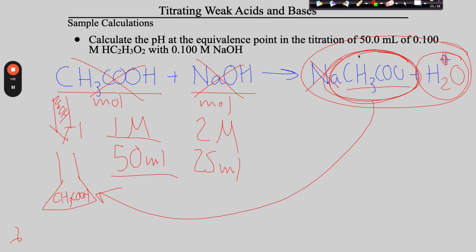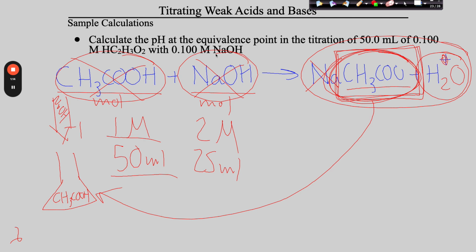So, guys, you ready? This is the reasoning. Speaking in moles, how much of this do we have? Not a number, a concept. As much as the vinegar, right? Because those moles are the same.